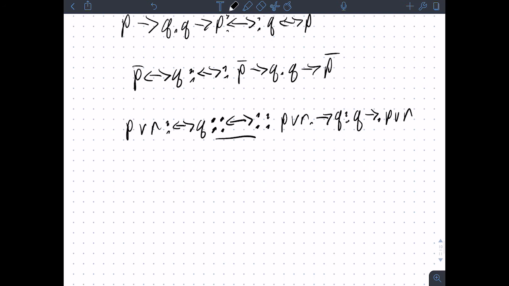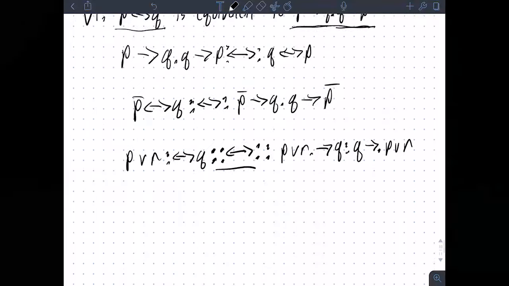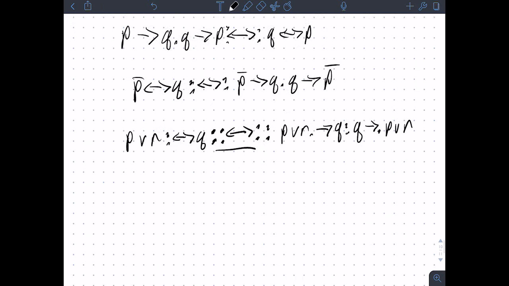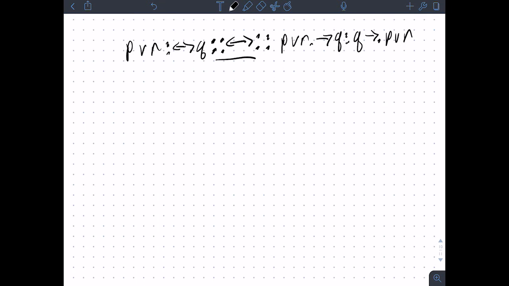One more. The hard part about this isn't recognizing the rule, it's just keeping track of where the dots are and everything. So one more example, if we have P, Q, oh wait, I screwed that up, sorry.